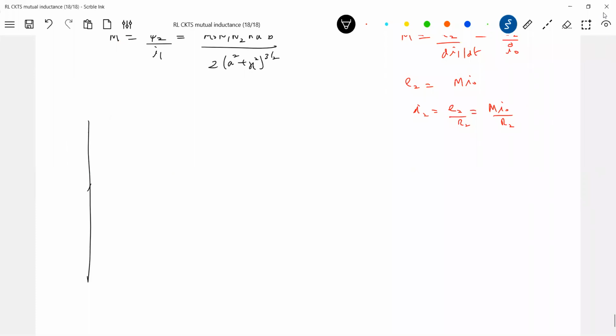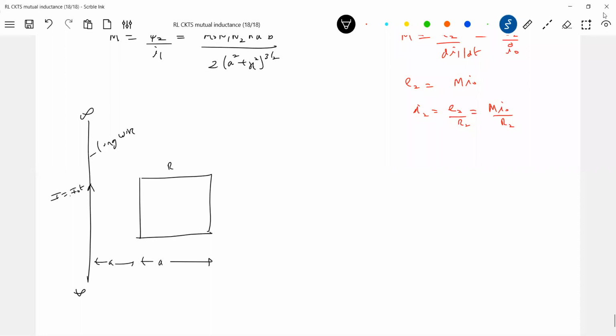Let this be a long wire, and there's a loop. I'll ask you what is the EMF induced. The current here varies with time like I naught t. Let R be the resistance of this loop.